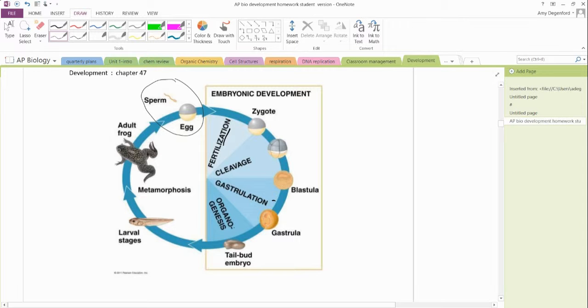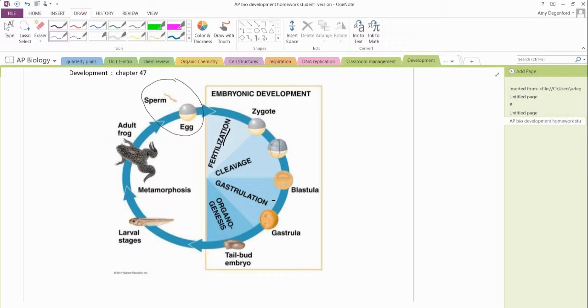The zygote will start dividing, and as they divide, we start to see many, many cells, and that's called cleavage. Now, at this point, we haven't really seen much differentiation, although some cells do have different proteins and different genes turned on.